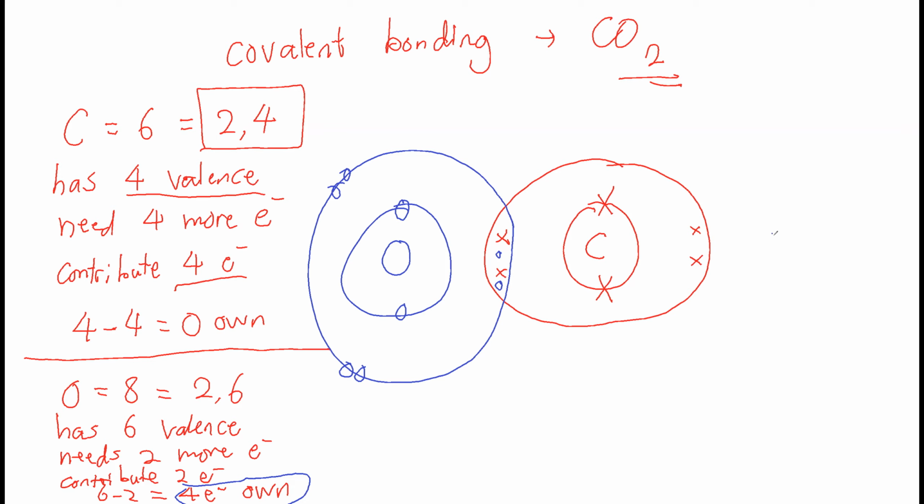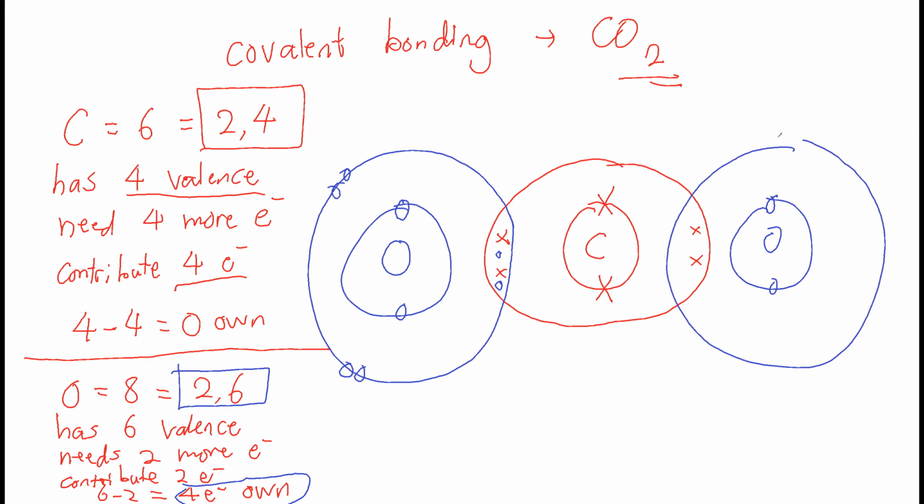We do the same on the other side. Oxygen has 2, 6, so 2 electrons in the innermost shell, followed by 6 electrons in the outermost shell, of which 4 are of its own and 2 in the bond. So this is the full electronic structure of carbon dioxide.